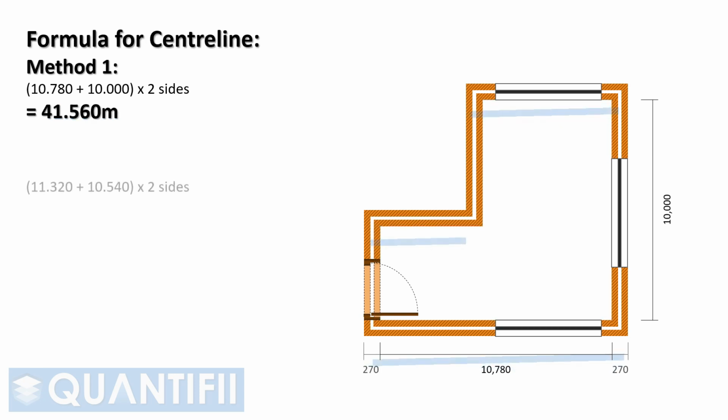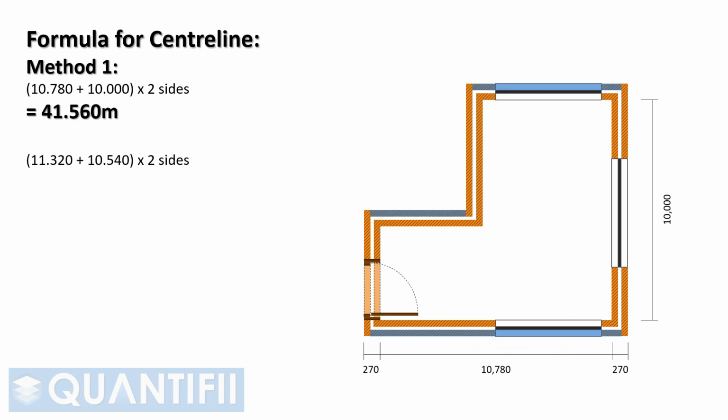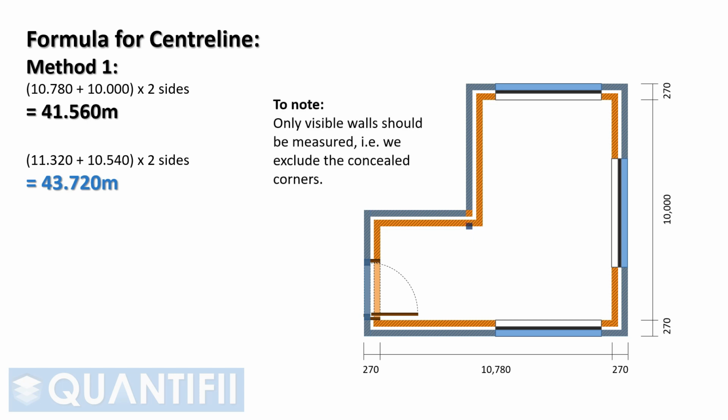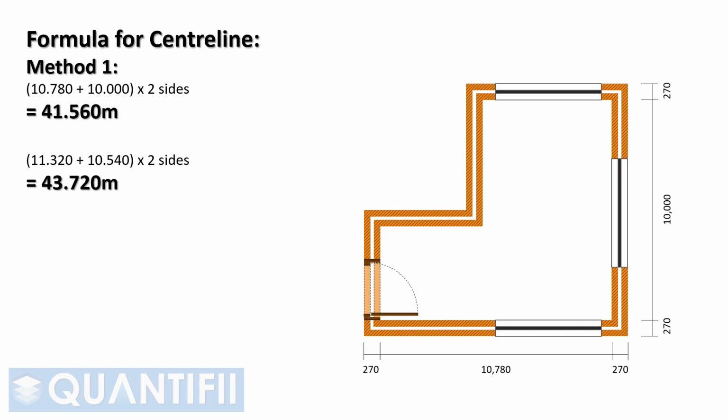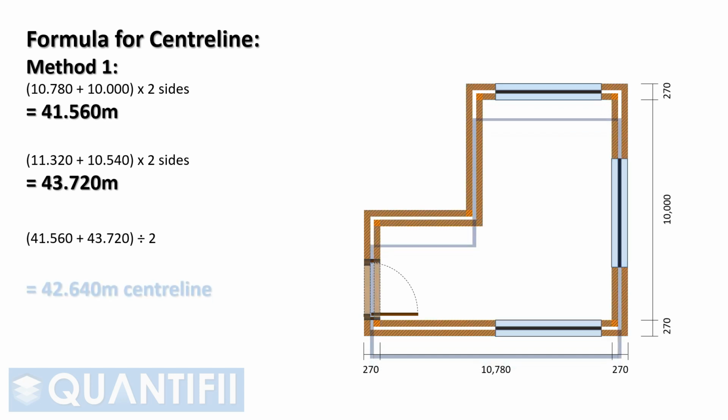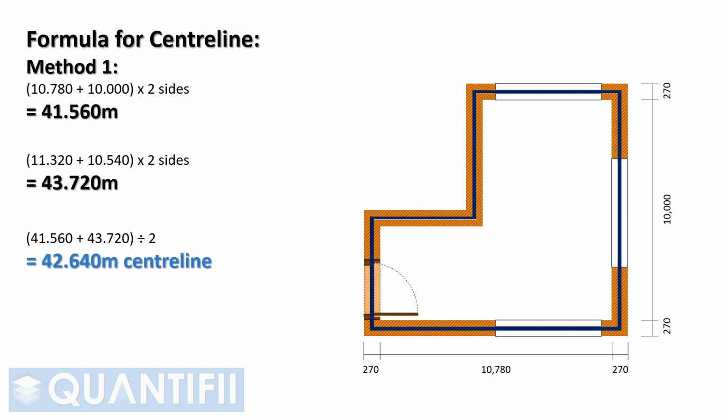The external wall's horizontal length is 11.32 meters, and the vertical length, 10.54 meters, for a total of 21.86 meters. Multiplied by 2 sides for a total length of 43.72 meters. Therefore, open bracket, 41.56 meters, plus 43.72 meters, close bracket, divided by 2, returns a centerline of 42.64 meters.